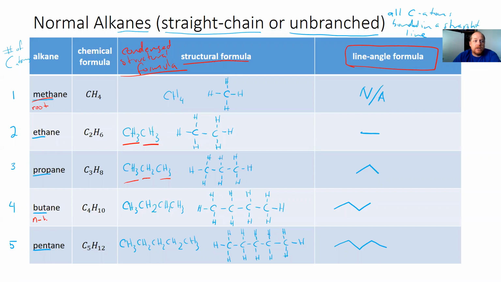So it'd be n-butane. And that specifies that it's a normal alkane, right? So n is going to stand for normal, okay? And that specifies that it's a straight carbon chain.